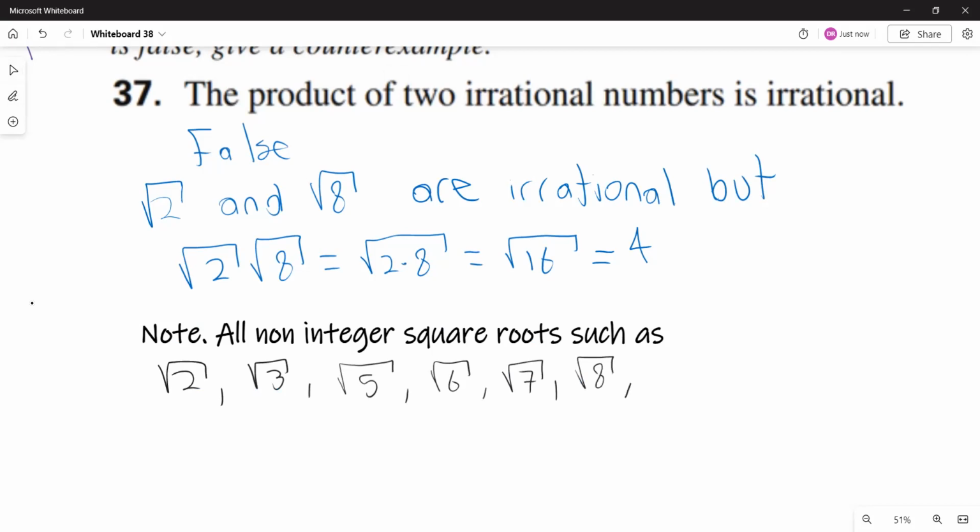Square root of 9 is 3, but the next one would be square root of 10. These are irrational. That's how I knew that square root of 2 and square root of 8 are irrational, but their product is rational. Number 40.